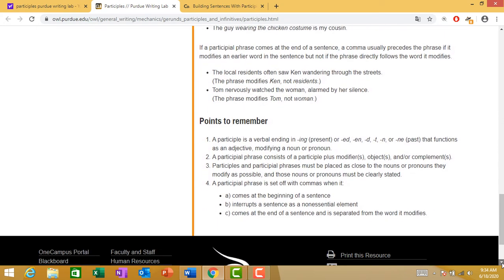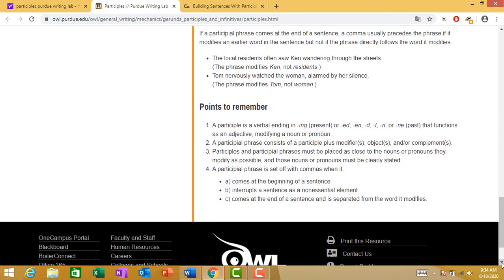Now, just a few points to remember. A participle is a verbal ending in -ing. This is going to be the present participle, or -ed, -en, -d, -t, or -n. This is going to be the past participle that functions as an adjective and that modifies a noun or pronoun.